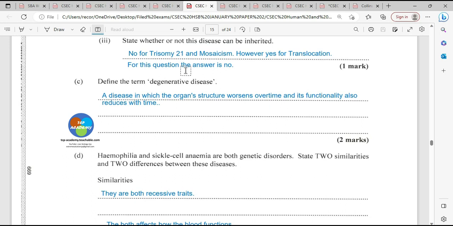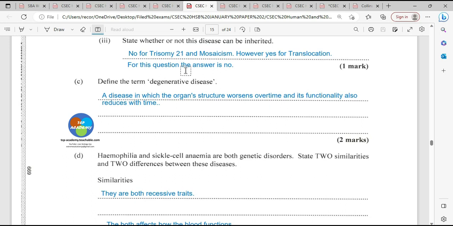So the organ itself starts to degenerate. Its structural makeup is deteriorating, and its function is also deteriorating. So if we're supposed to define it, we would look at it as the structure being broken and the function not being done properly anymore.